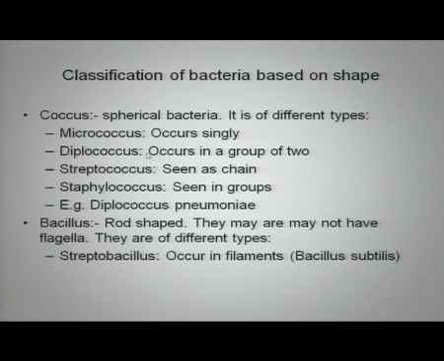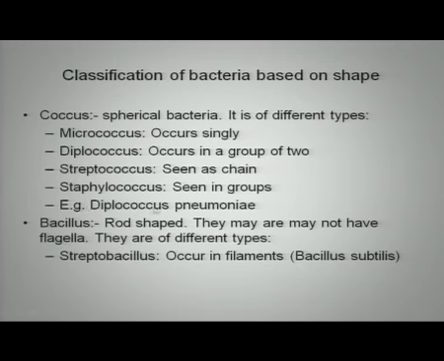Diplo means two. If seen in the form of a chain, it is streptococcus, and if seen in a group like a bunch of grapes, it is known as staphylococcus. So there are four types of coccus: micrococcus, diplococcus, streptococcus and staphylococcus.